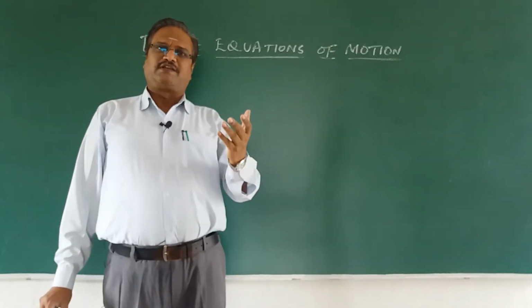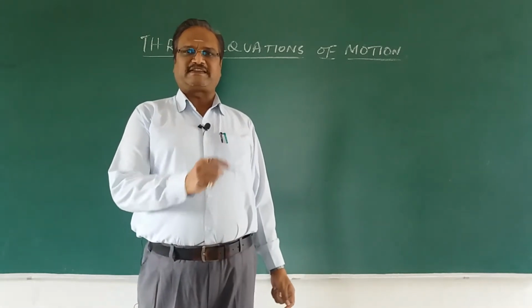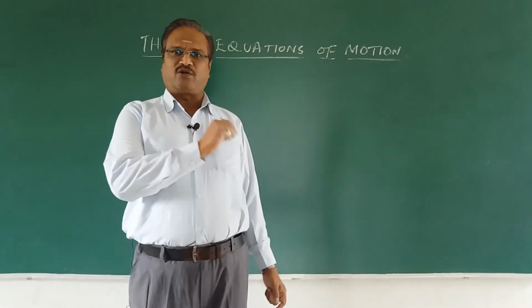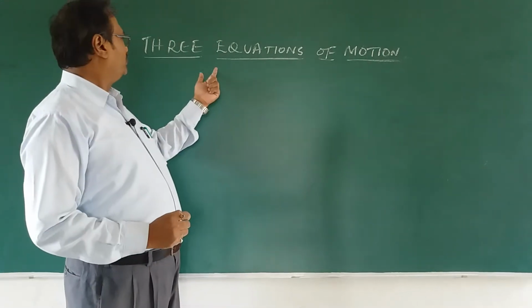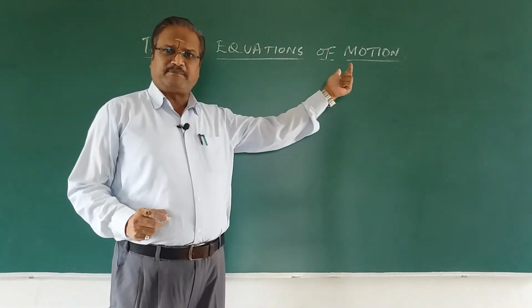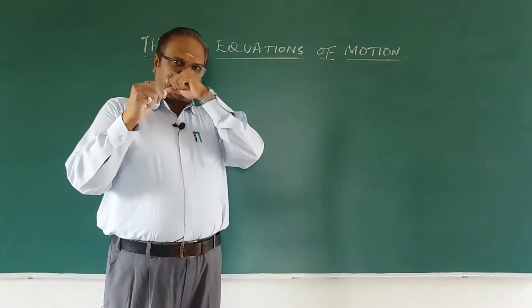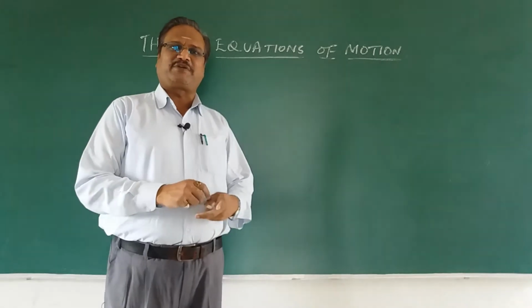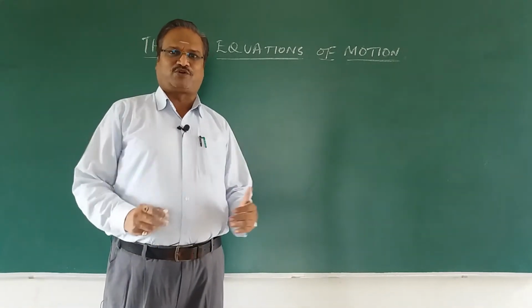I have shot 6-7 videos on it last year; you can go to the playlist and check them. But I would also like to do a few numericals based on the three equations of motion. This is also useful for class 9th because I am going to use the 9th standard textbook.